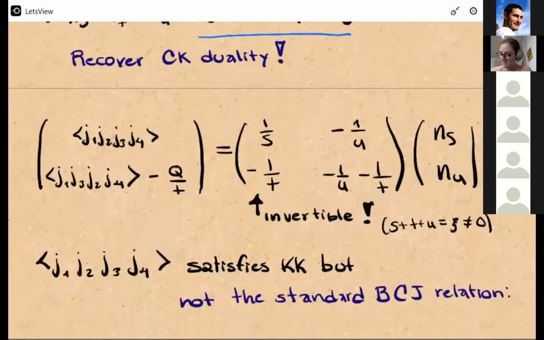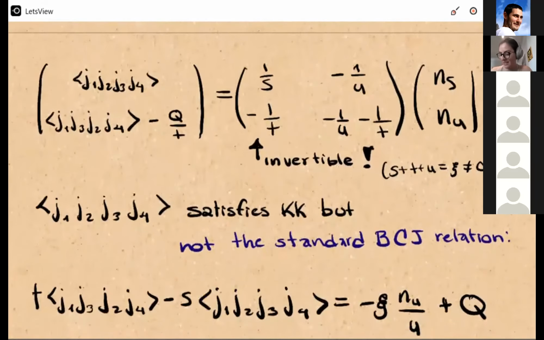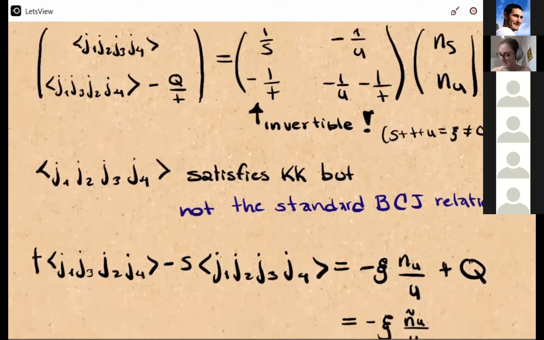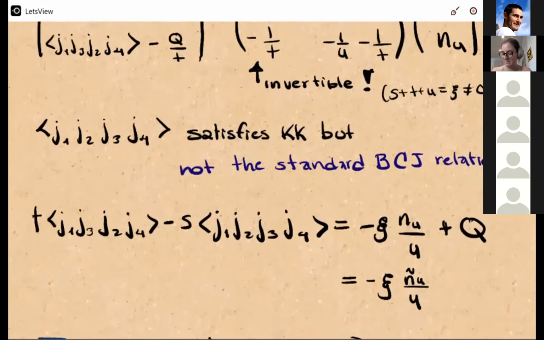So this correlator, instead of satisfying the BCJ relation as before, satisfies this sort of modified, if you want, BCJ relation. And at that point, you might start asking if things are going to work the same way, because now what you're taking as your scattering amplitudes, your correlators, don't have the same relations as before.